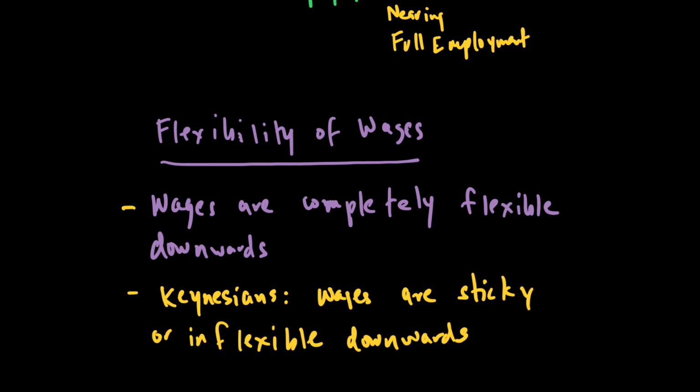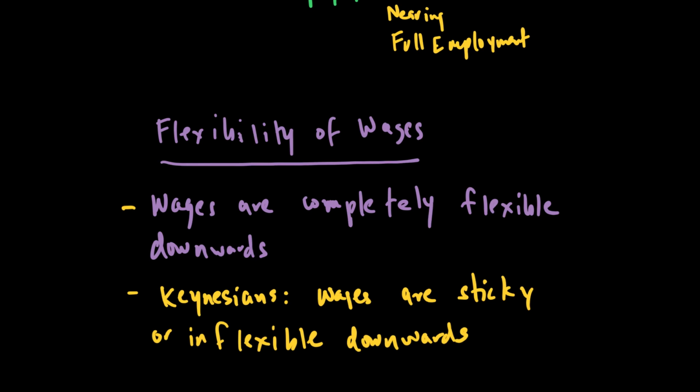And also, according to the Keynesians, even employers don't want to give a wage cut to the employee. They would rather fire or lay off a worker than keep the worker at a lower pay than he was getting before, because he knows that the productivity or efficiency will be much lower.